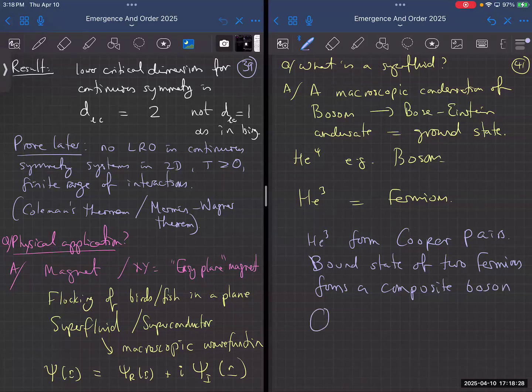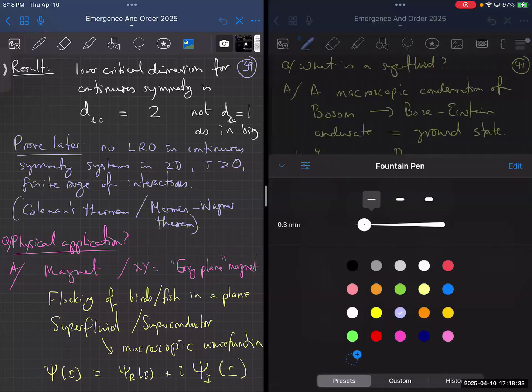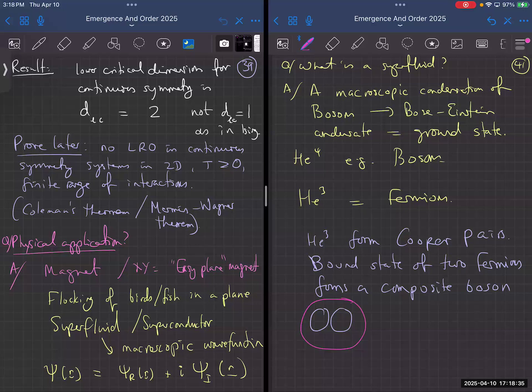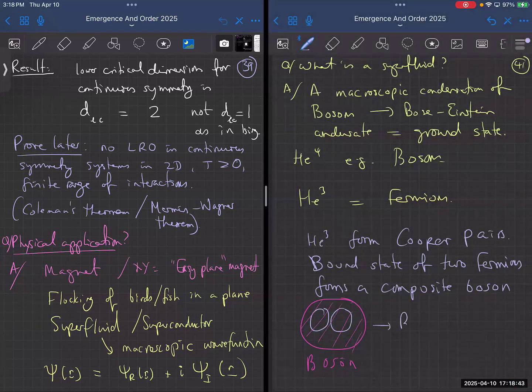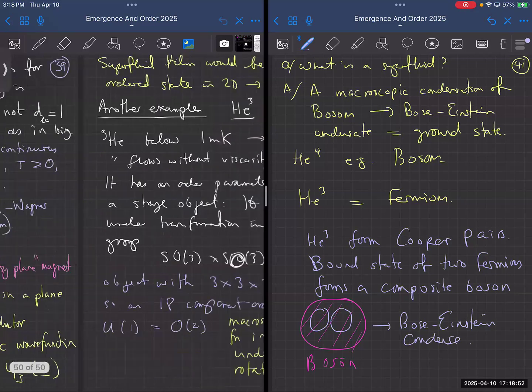So basically, I've got the helium-3 atom here, another one like that, and then collectively, they are some kind of big boson. And then those bosons can then Bose-Einstein condense. So that happens in a superconductor.